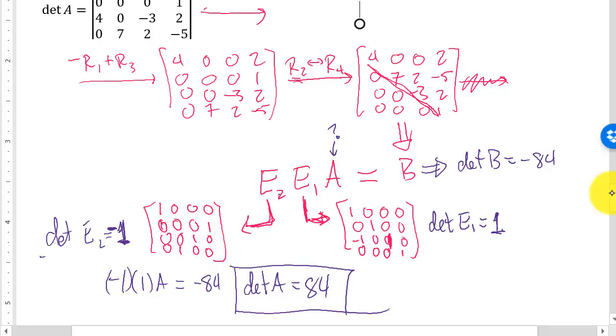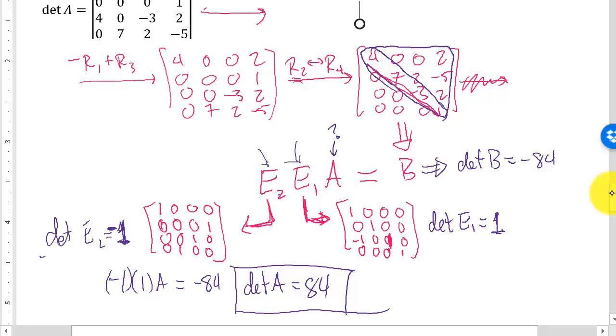So what we can do is a set of elementary row operations to write it in row echelon form. When it becomes row echelon form, it becomes an upper triangular matrix. And then the determinant of that will just be the product of the diagonals. And then all those row operations that we did have their own determinants.